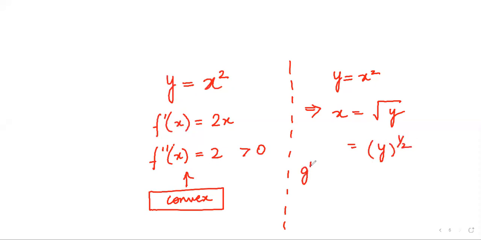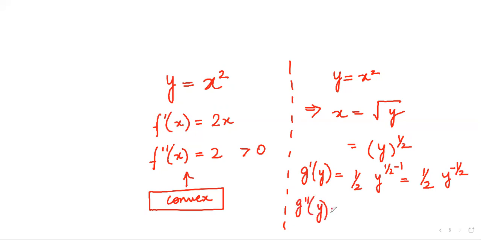So, g dash y would be half y to the power half minus 1, which will be half y to the power minus half. And g double dash y would be half into minus half into y to the power minus half minus 1, which would be minus 1 by 4 y to the power minus 3 by 2.